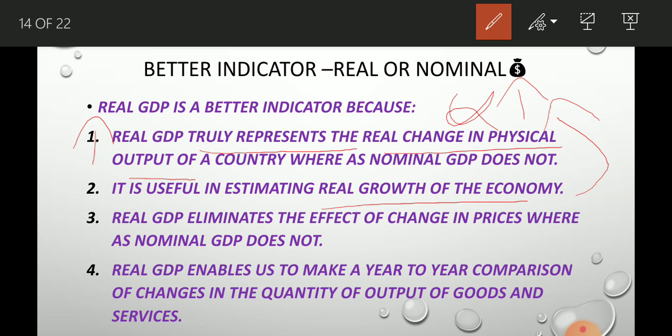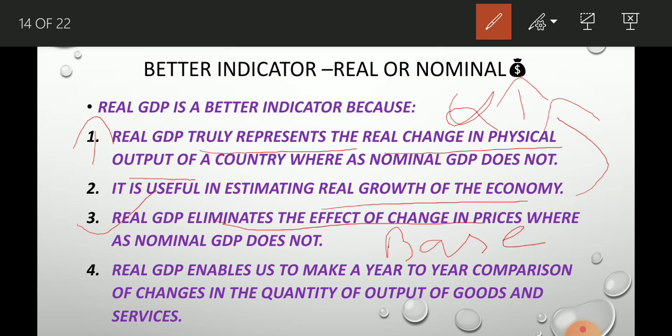Next, real GDP eliminates the effect of change in price. It is a very important point. Why is real GDP a better indicator? Because it eliminates the effect of change in price. Why? Because we always consider the base year price in real GDP.